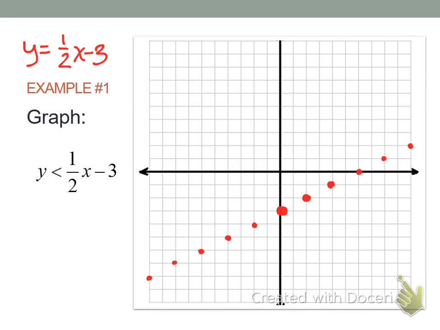Okay, so based on what we said on the front page, when I draw a line in here, is it going to be a solid line or a dashed line? Dash. How do we know? It doesn't. Very good. There's no equal to bar on this inequality symbol, so I need my line to be dashed. So, dash this line.